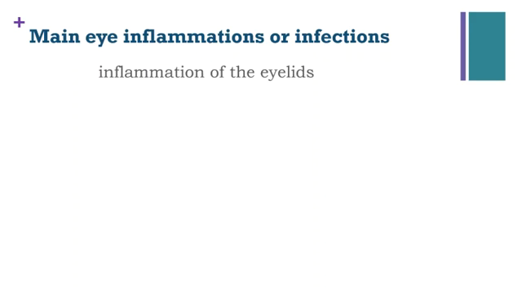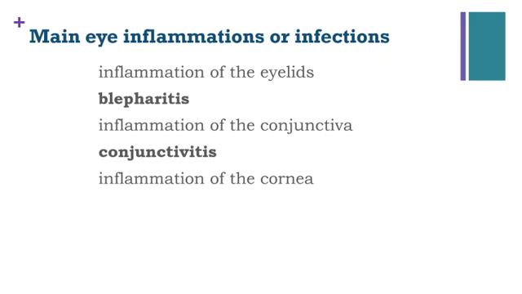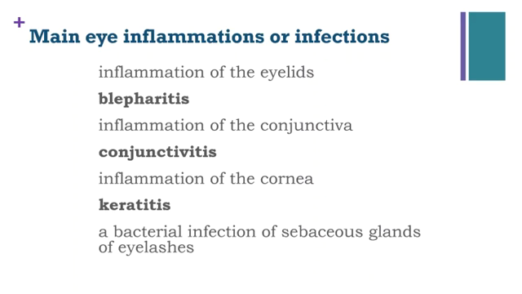Inflammation of the eyelids is called blepharitis. Inflammation of the conjunctiva is called conjunctivitis. Inflammation of the cornea is called keratitis. A bacterial infection of sebaceous glands of eyelashes is called hordeolum or stye.